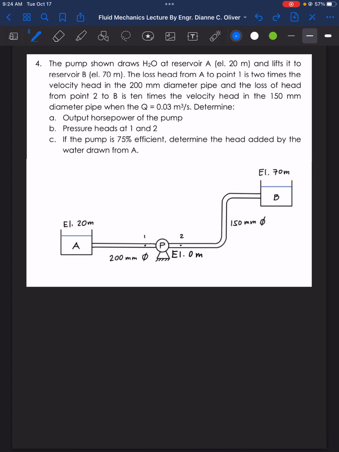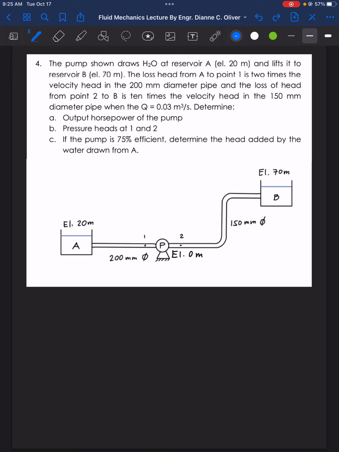And the loss of head from point 2 to B is 10 times the velocity head in the 150 mm diameter pipe when the discharge is 0.03 cubic meter per second. Determine, letter A, output horsepower of the pump.